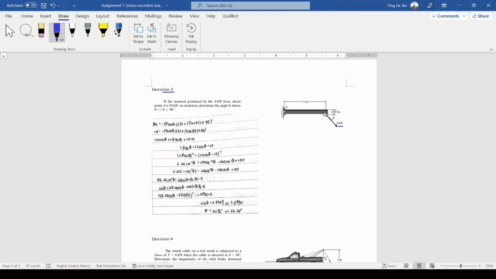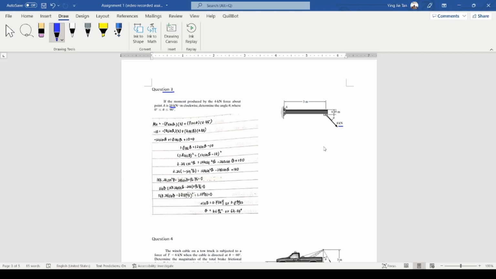The force at your A is 10 kilonewton, but it is at the downside, so we will use negative 10.